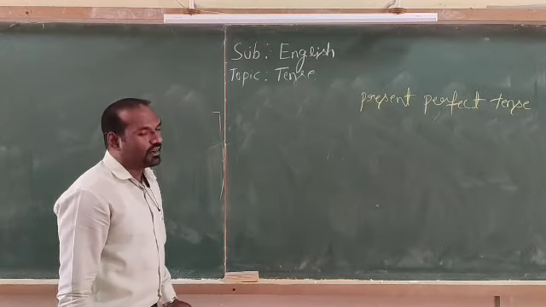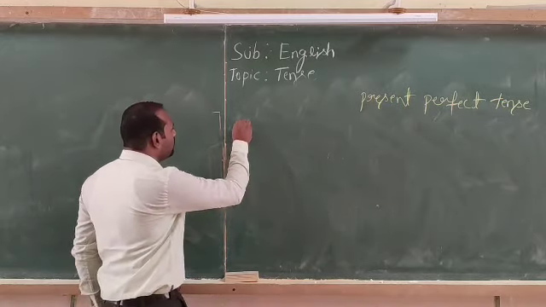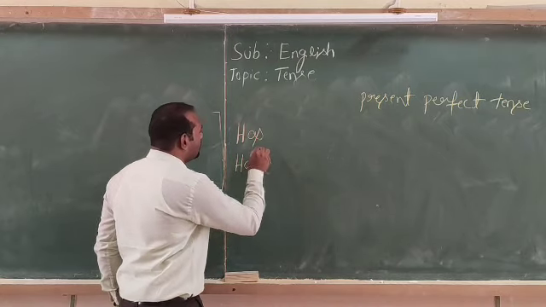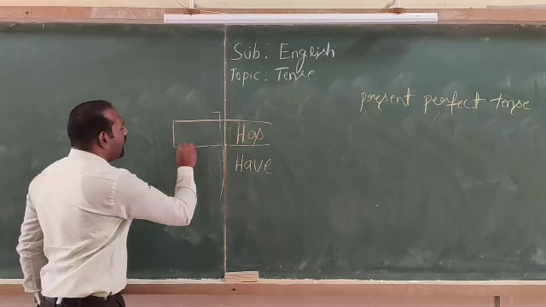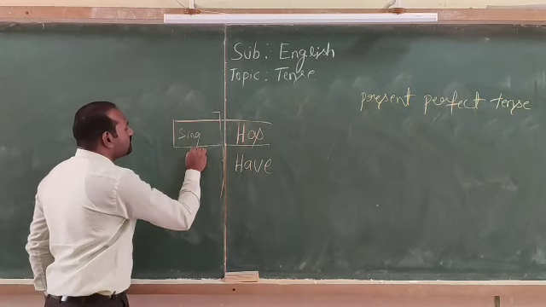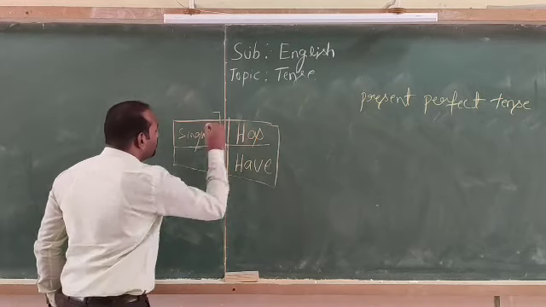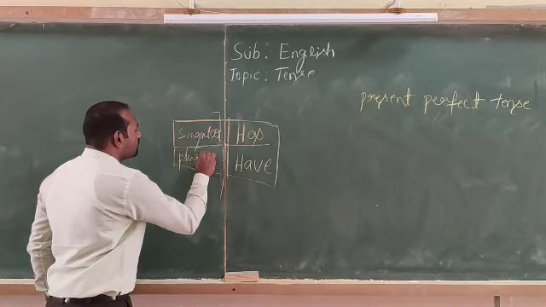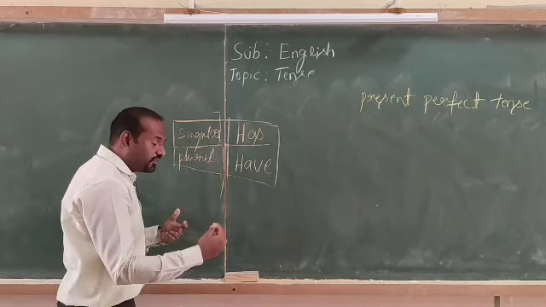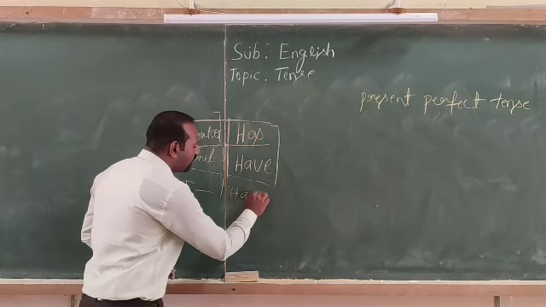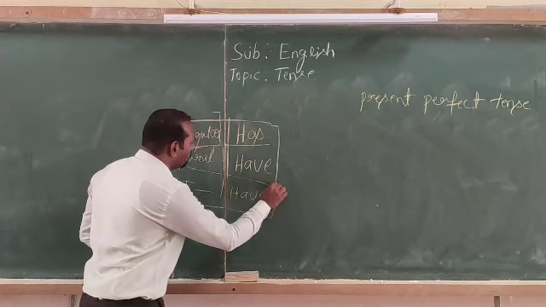In this present perfect tense, there are two helping verbs. One is has, and the second one is have. We use has for singular and have for plural. And when the first person I comes, we use have as a helping verb.